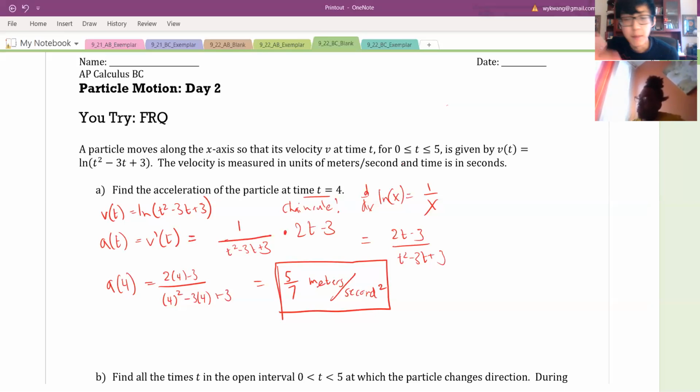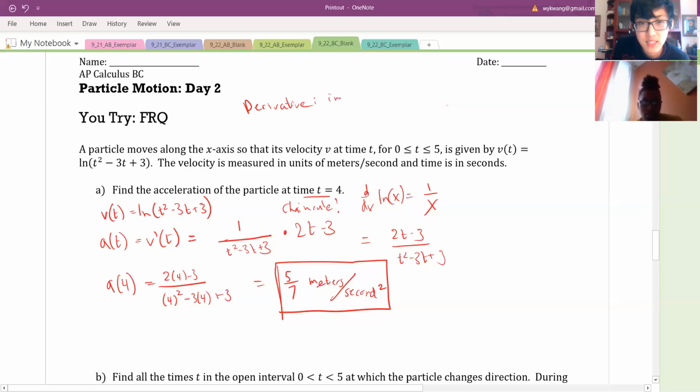So yeah, that's just to try to clarify things. At its core, I don't know if this is going to help in 2 seconds, but a derivative is an instantaneous rate of change.